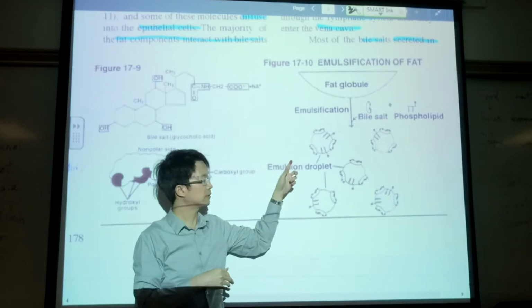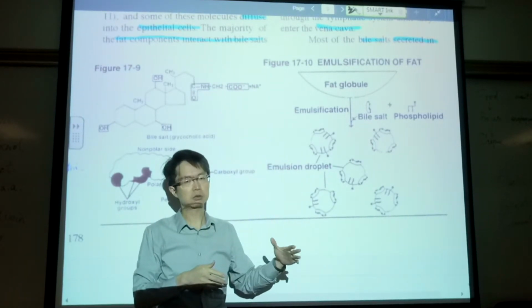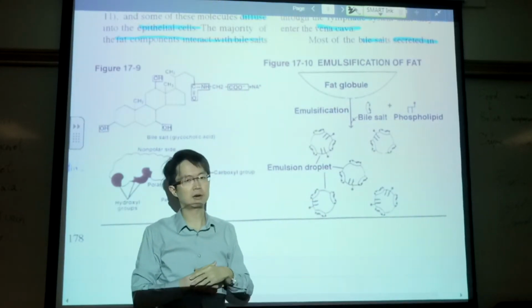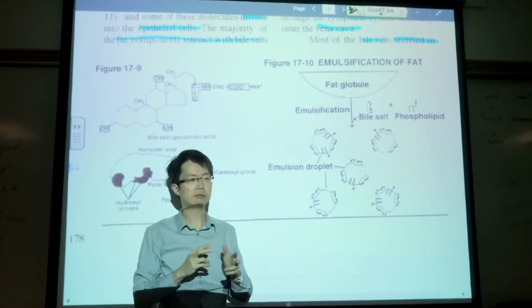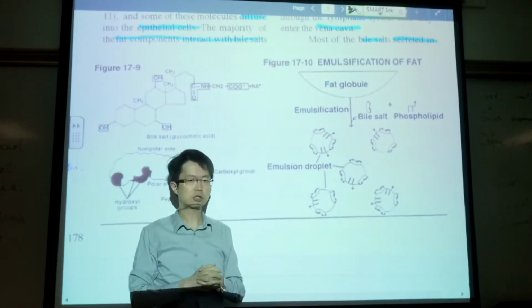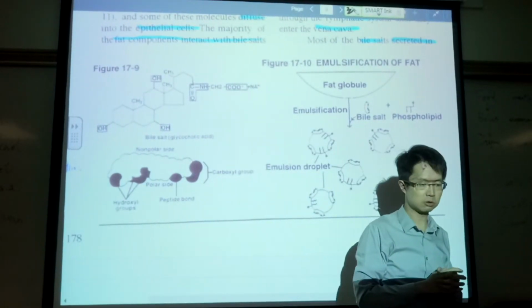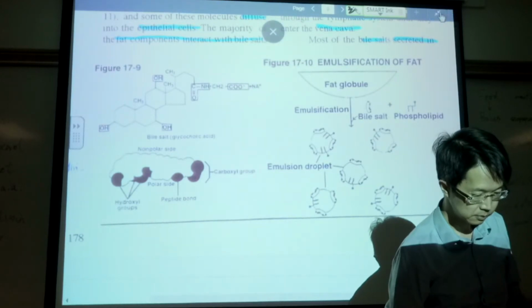Similarly, the main purpose of emulsification is to increase the surface area of the oil and fat, so that the enzyme lipase will have a large surface area to break down the oil and fat into glycerol and fatty acid.